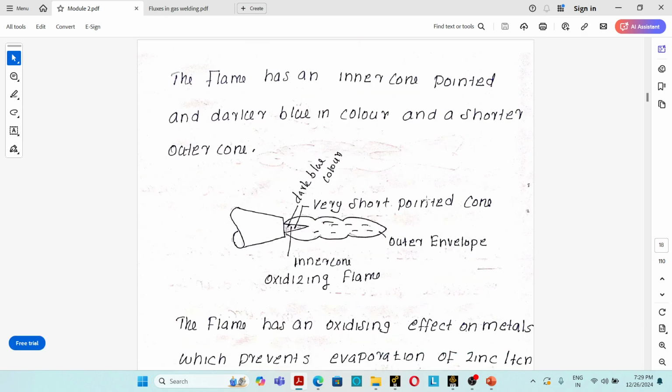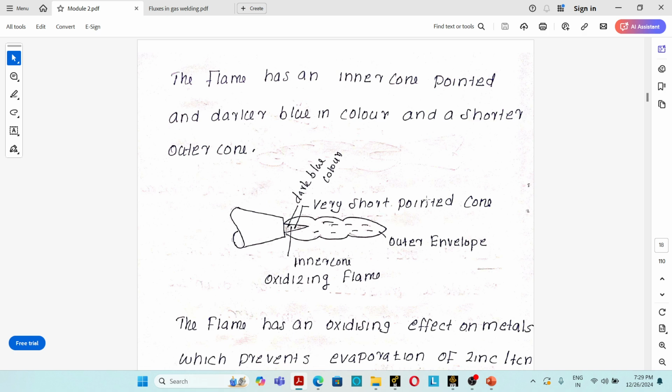See, in the case of oxidizing flame, there is an excess of oxygen over acetylene as the gas comes out of the nozzle. In oxidizing flame, the oxygen gas is in excess over acetylene when the gas mixture comes out of the blowpipe.